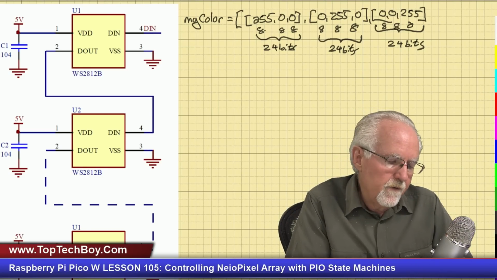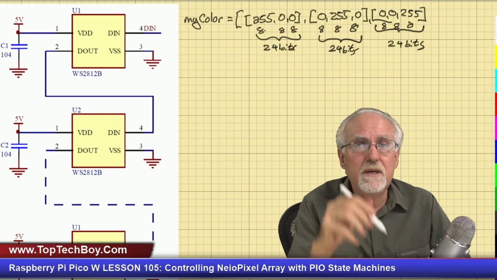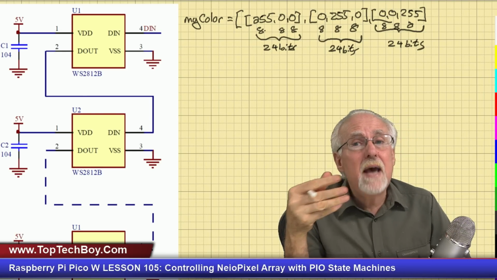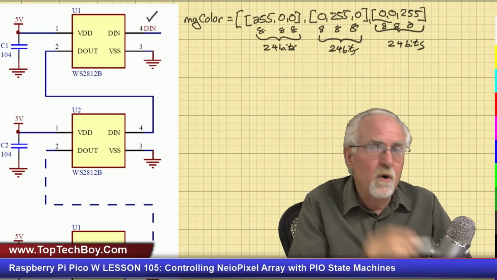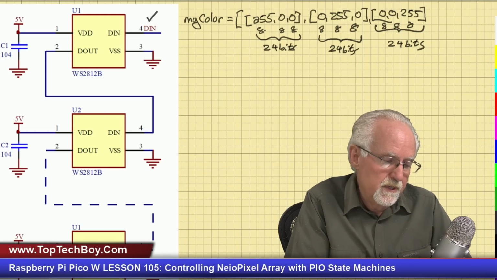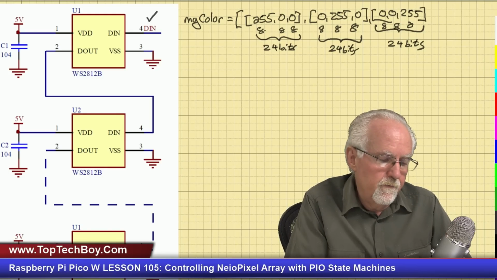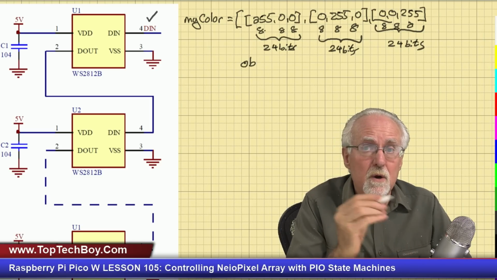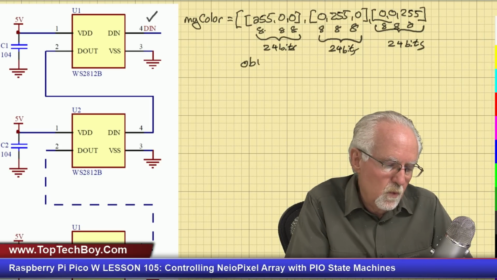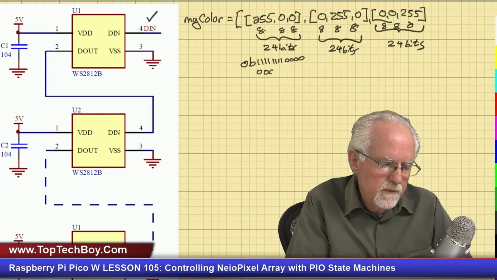So what does that first pixel need to receive? In other words, all we can push down this data line is zeros and ones. And so what would this first data point be? We could say 0b, saying that these are bits, right? 0b says it's going to be bits, and we could pass it 1, 1, 1, 1, and then 1, 1, 1, 1, 0, 0, 0, 0, and I'm going to wrap around 0, 0, 0, 0.